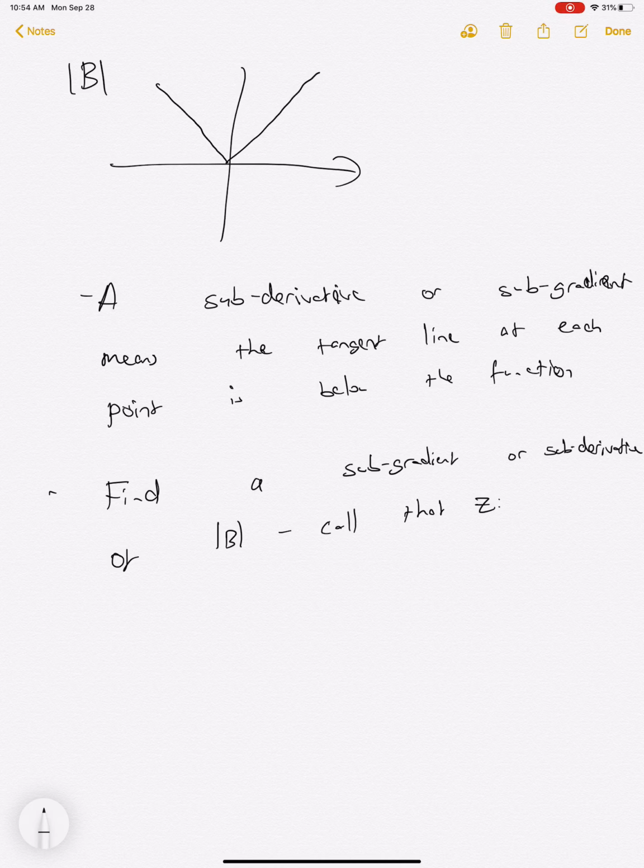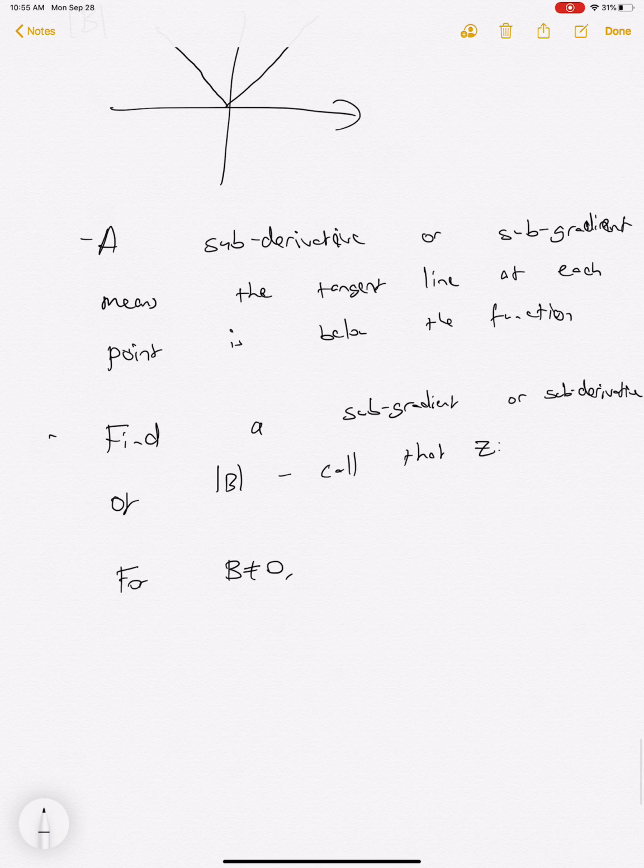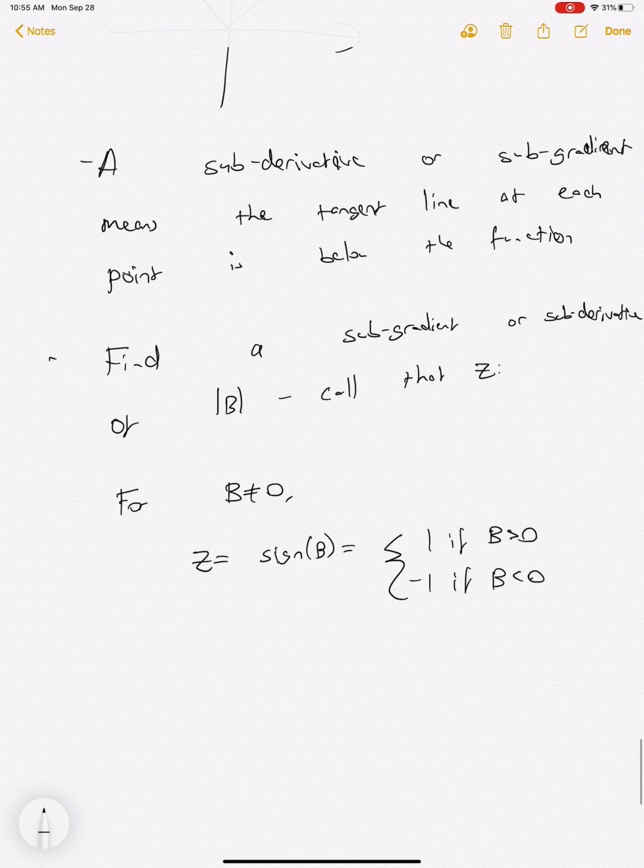For b not equal to 0, this is a pretty nice and differentiable function, so we know that z is just equal to the sign of b. That is 1 if b is bigger than 0, and -1 if b is less than 0. So the critical question is what happens at b equals 0.